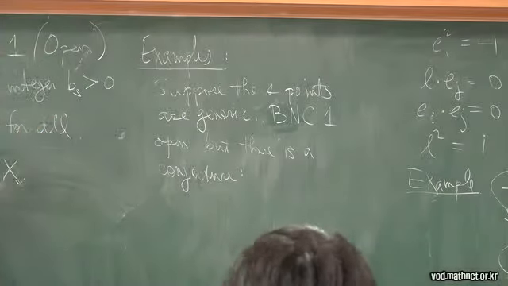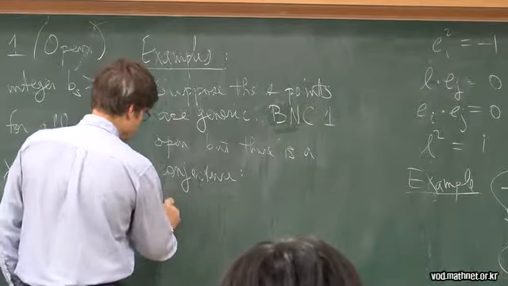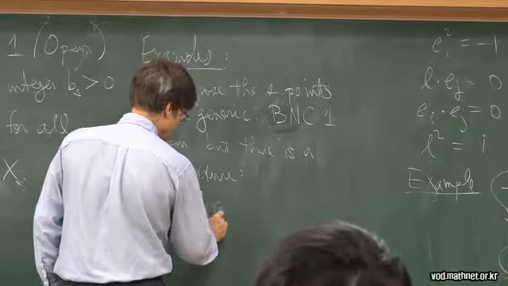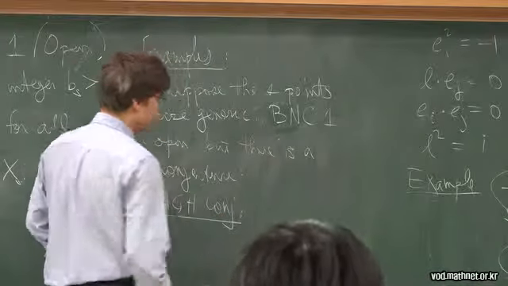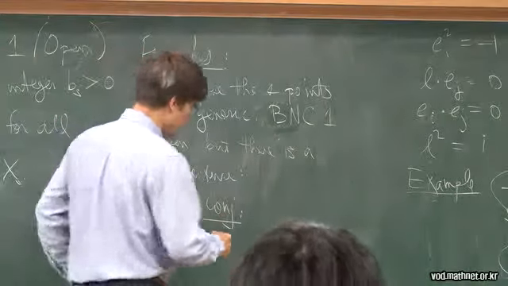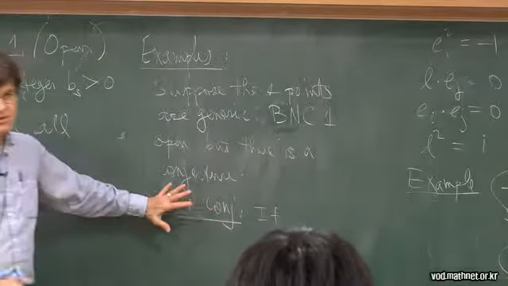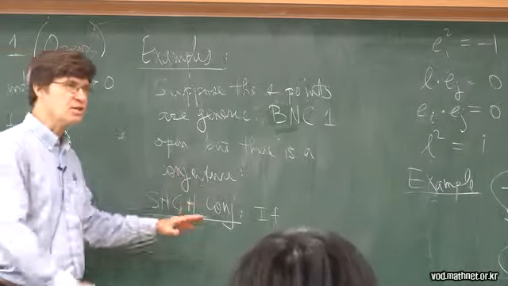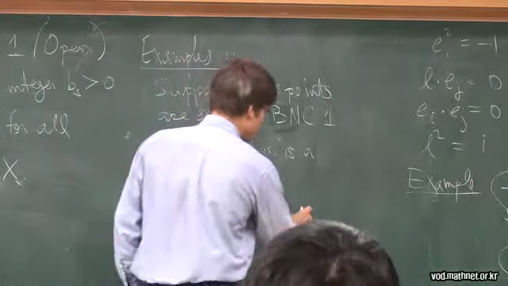In fact, let me state another conjecture called the SHGH conjecture. So the SHGH conjecture says something in this exact situation. There are various versions of this also. They're all equivalent. Here's one version of it.